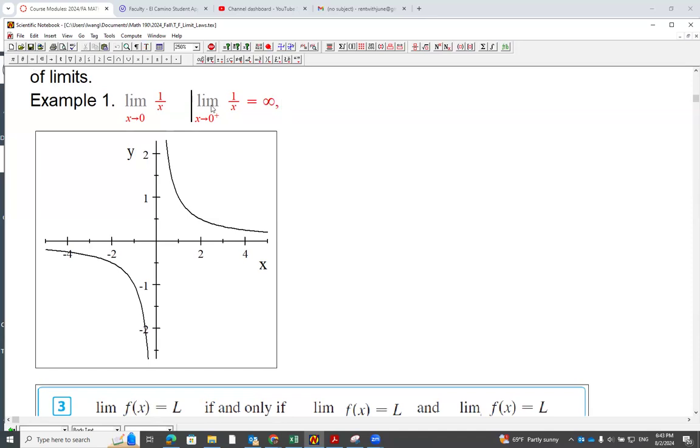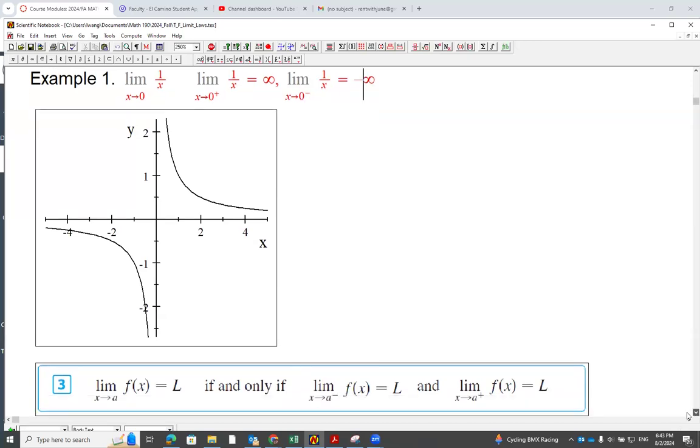When x is approaching 0 from smaller than 0, it approaches negative infinity. This theorem, right?